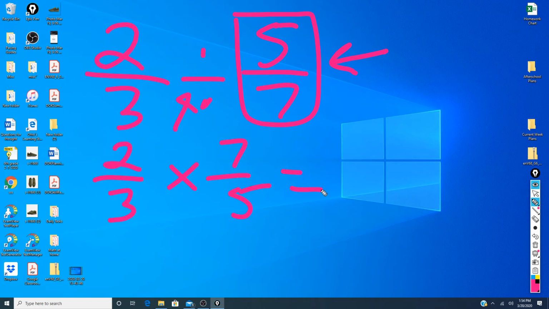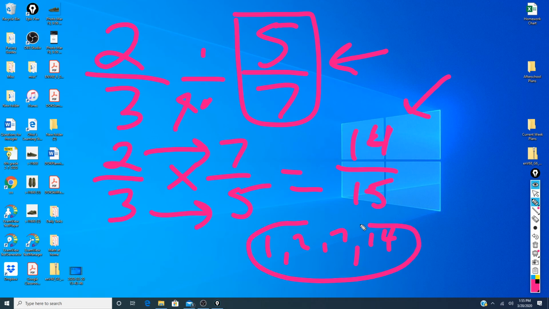From there, just like before, 2 times 7 is 14, and 3 times 5 is 15. And the question again comes, can we reduce that fraction any more? I can tell you right now the answer is no, because the factors of 14 are 1, 2, 7, and 14.